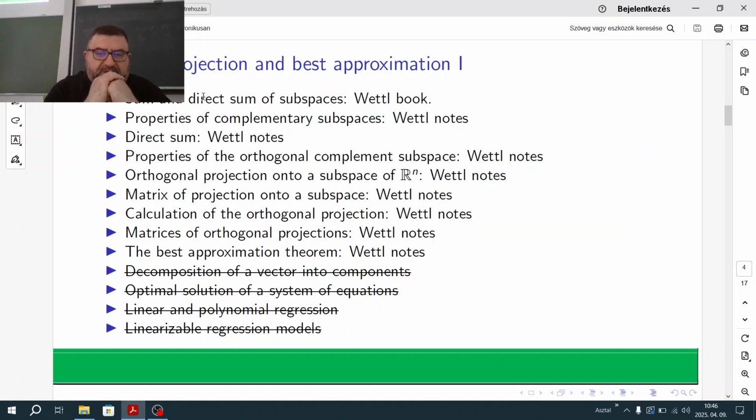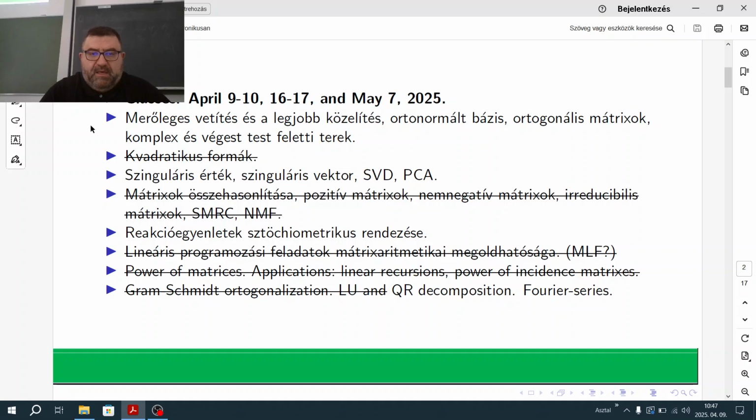That's also in the notes: orthogonal projection onto a subspace, matrix of projection onto a subspace, calculation of orthogonal projection, matrices of orthogonal projections, the best approximation theorem, vector notes. Okay, if I go back, this orthogonal projection and best approximation is here.